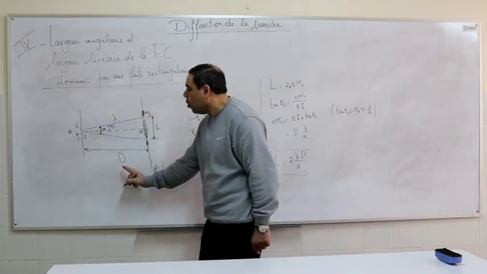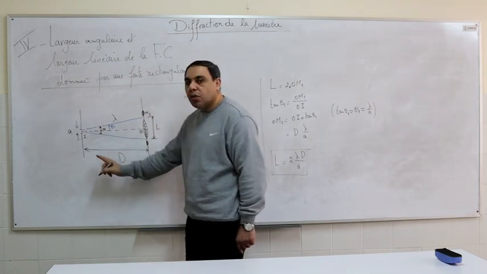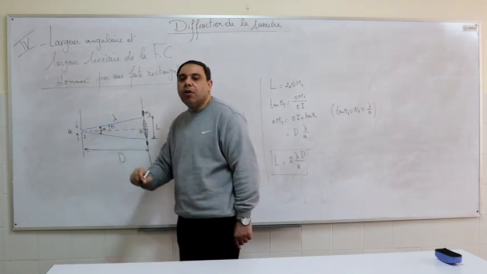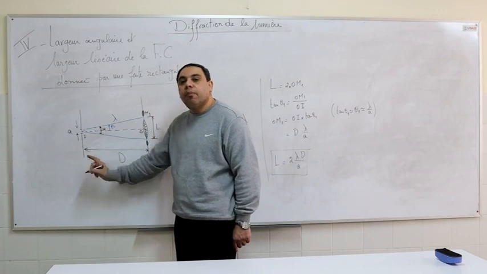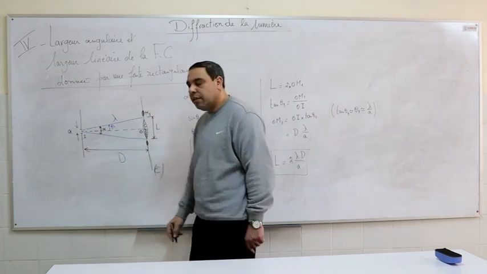But alpha is independent of the distance D between the screen and the plane of the slit. So it will remain unchanged. Notice here, as we approach the screen to the slit, the linear width L will decrease. So you can see the linear width is changing.